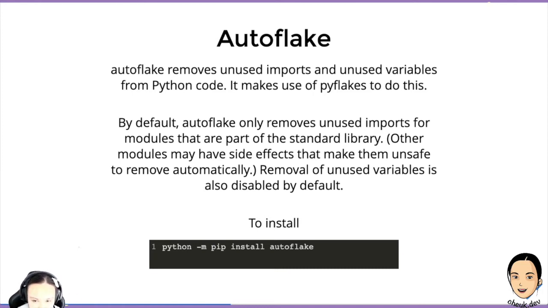So I will also show you how to stop Autoflake from doing those things. But be careful that sometimes auto removal is a bit dangerous, and unused variable removal is disabled by default, because that's also something very dangerous. I'd rather you remove those manually: use Flake8 to check, and Flake8 would tell you it's an unused variable, and you just go there and remove it, rather than automatically doing it, because it's dangerous.